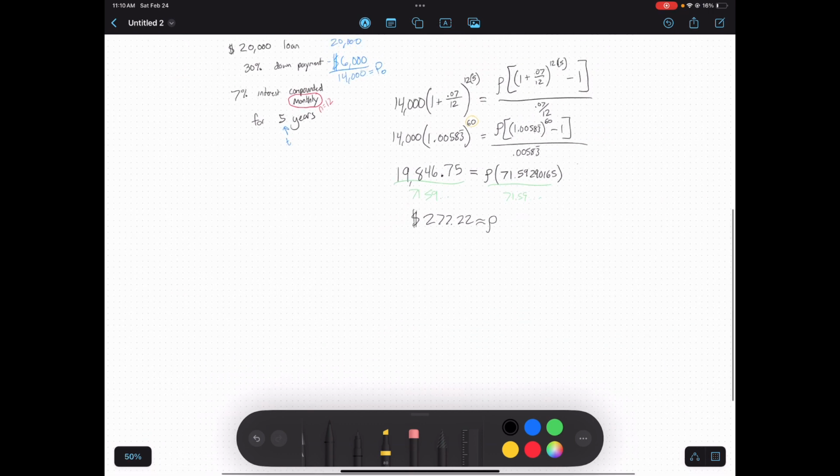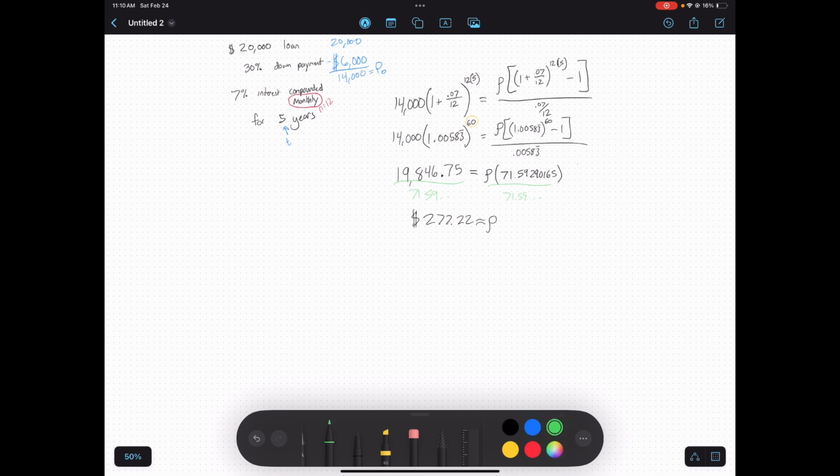Okay, now that I have my monthly payment amount, what's really cool is I can now look at how much I actually end up paying over the course of these 5 years. If I'm paying this monthly payment for 5 years, once again, that's what that 60 is, that means I'm making that payment 60 times.